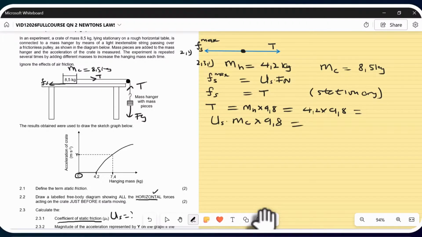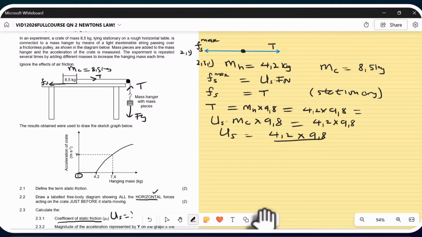So because I'm looking for the coefficient mu s, I'm going to say 4.2 times 9.8 divided by the mass of the crate, which is 8.5, multiplied by 9.8.